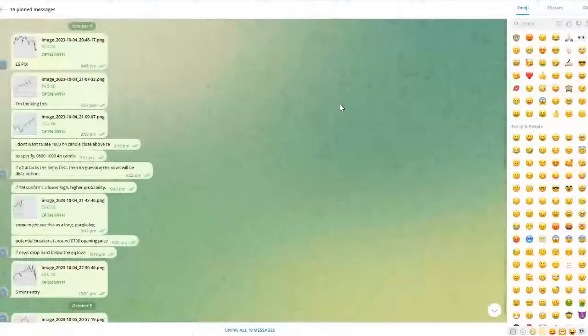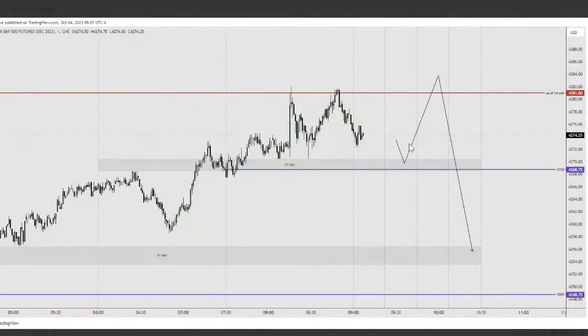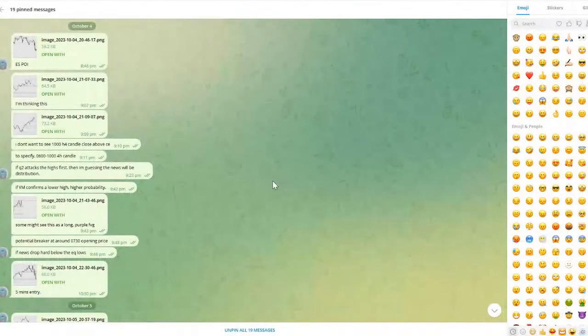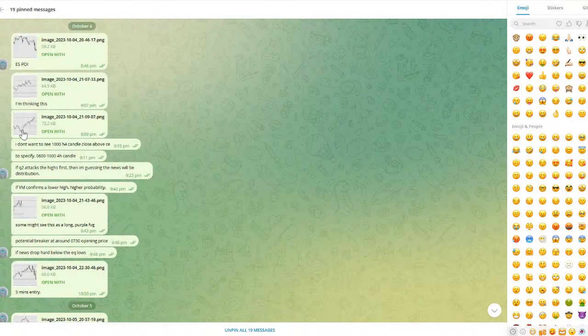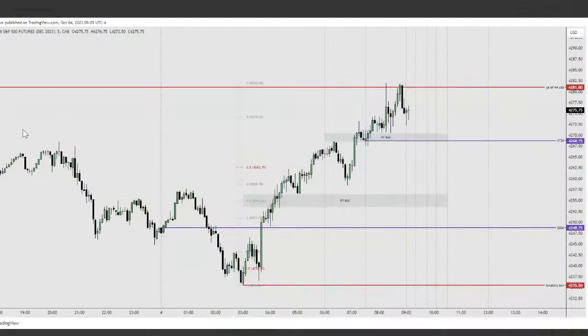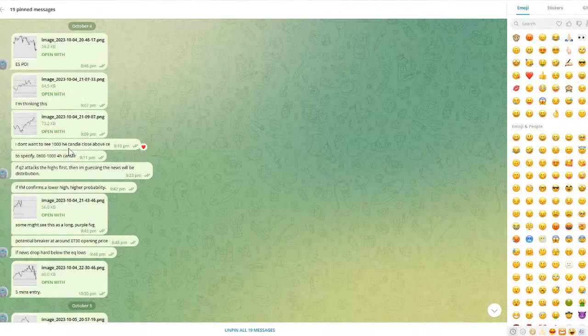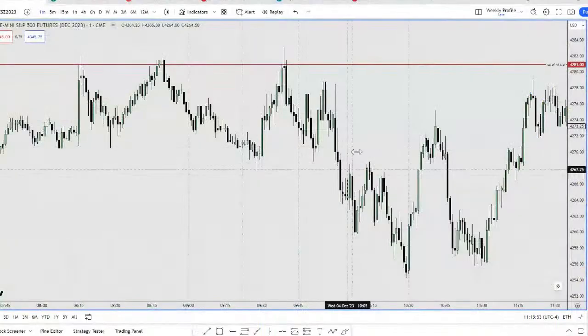Okay, so right here I already have it mapped out what I want to see preferably. Okay, it doesn't mean that it's going to happen, but this is what I prefer to see. And then because at 10 o'clock we don't have the 4 hour candle closing above the consequent encroachment right here, above this level here, 42.81.